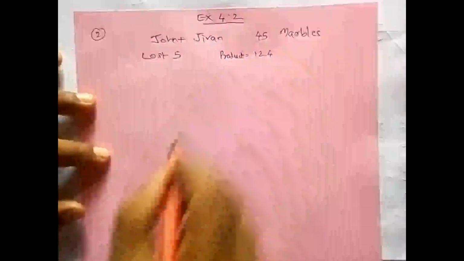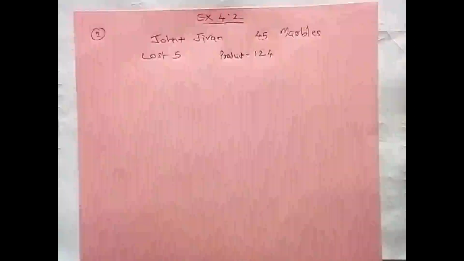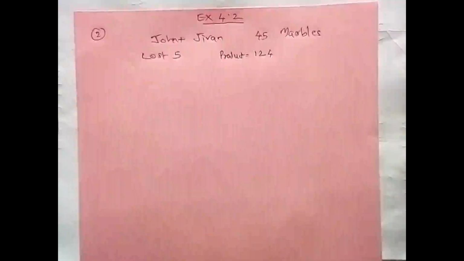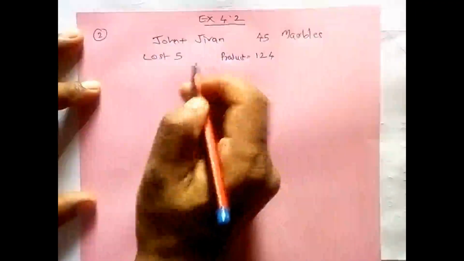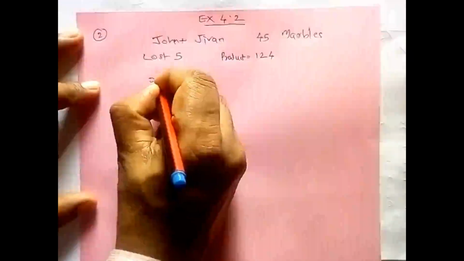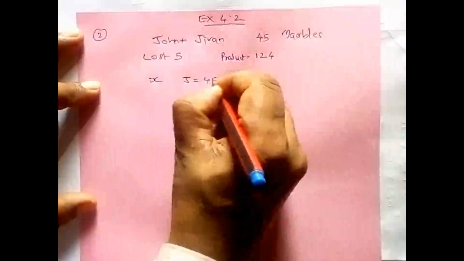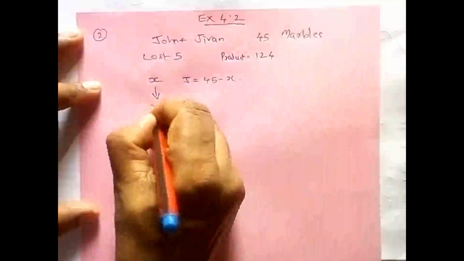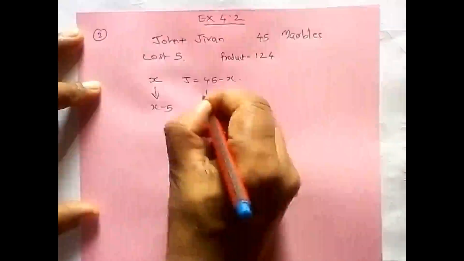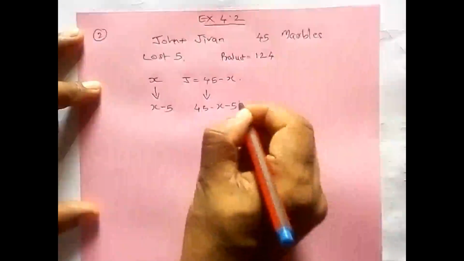This we actually did in our last video, where we explained how to formulate this equation. Now we will simply go for solving it. Suppose John has x marbles, so Jeevan has 45 minus x. Lost 5 means x minus 5, and for Jeevan 45 minus x minus 5.